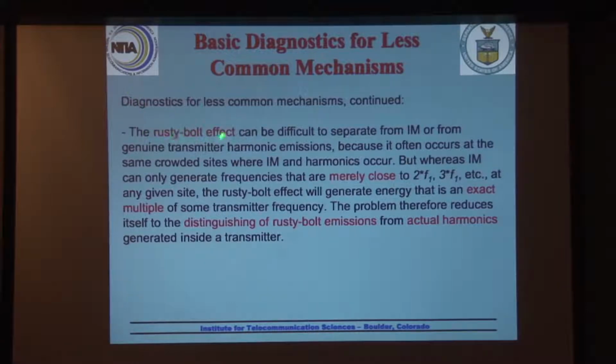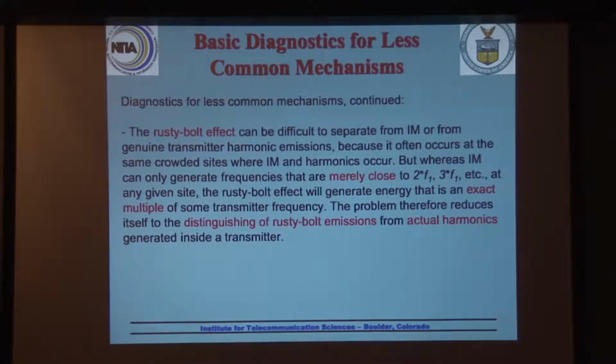Now, the rusty bolt effect can be a little difficult to separate from intermod and also from a genuine transmitter harmonic. Bear in mind that transmitters themselves generate a 2nd, a 3rd, a 4th, a 5th. So we have 3 different ways of getting something that looks like a harmonic emission. Either the transmitter makes the harmonic itself, or the rusty bolt effect makes it, or intermod between 2 different frequencies that are close to each other make a signal that's almost, but not quite, on the 3rd harmonic.